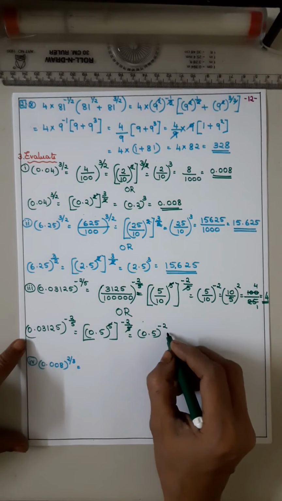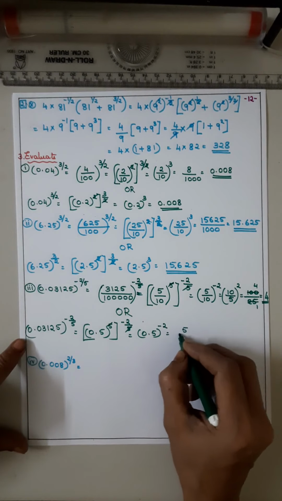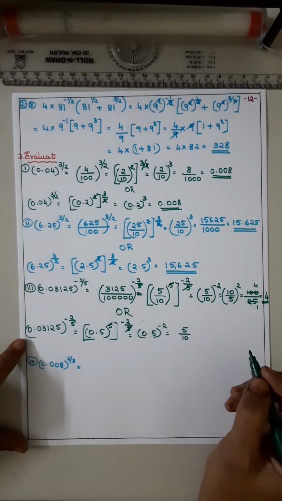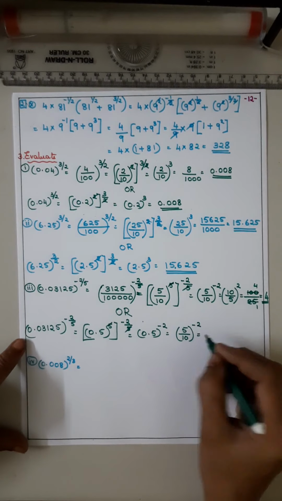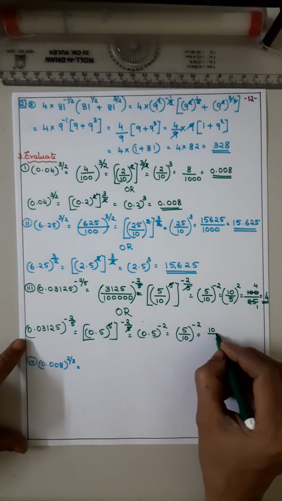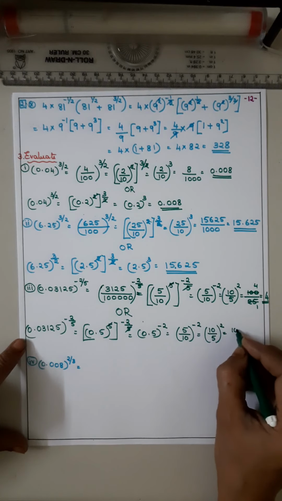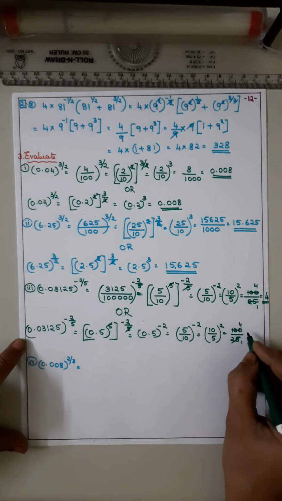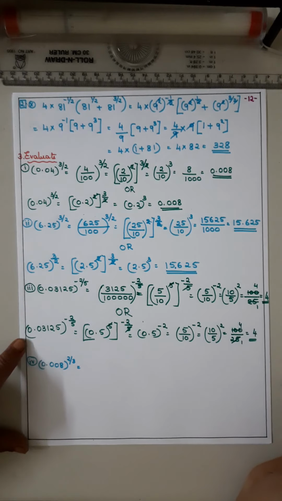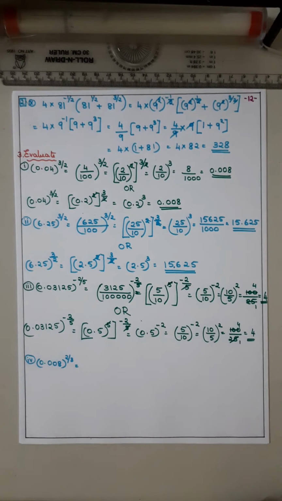That means 0.5 can be written as 5 by 10 the power minus 2. Now it is the same. 10 by 5 square, 100 upon 25. 25 ones are, 25 fours are. Clear?